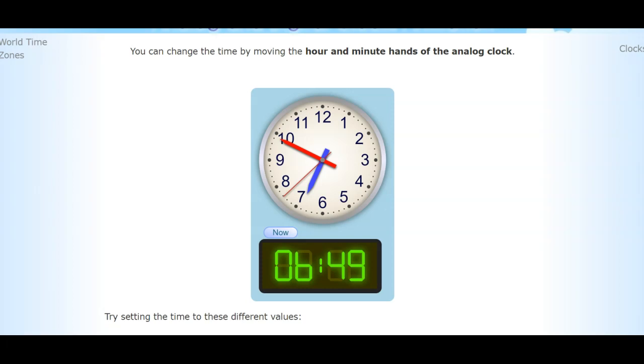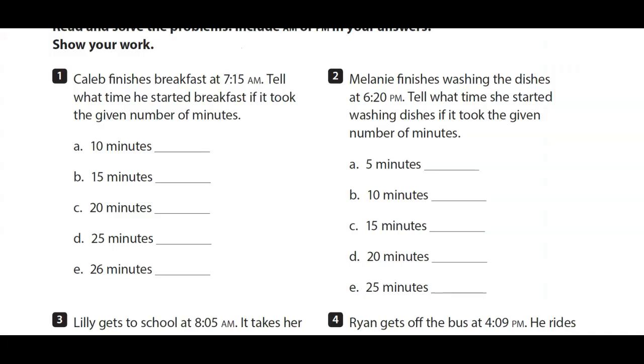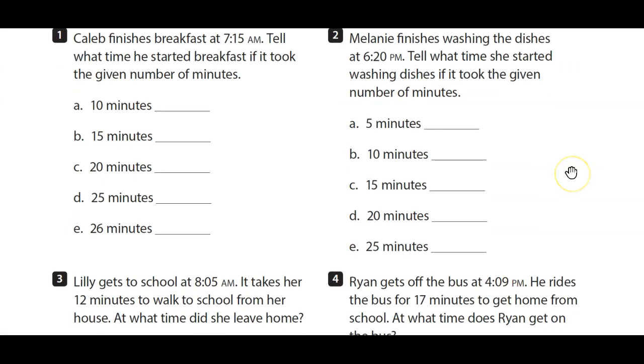And then look at just one page. Look at number 2. Okay, now we're looking at number 2. Right here. I started at what time? Melanie finishes washing dishes at 6:20. That's her end time.